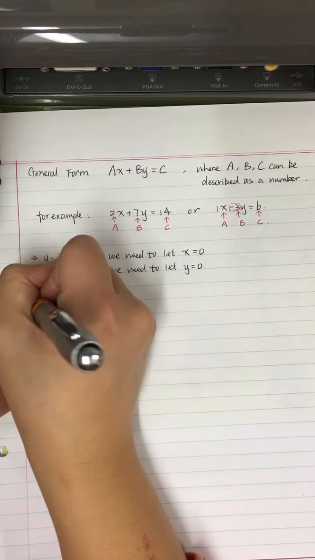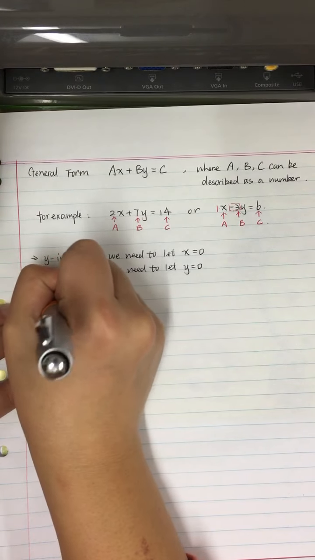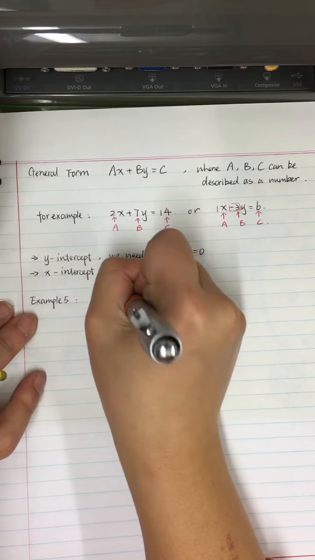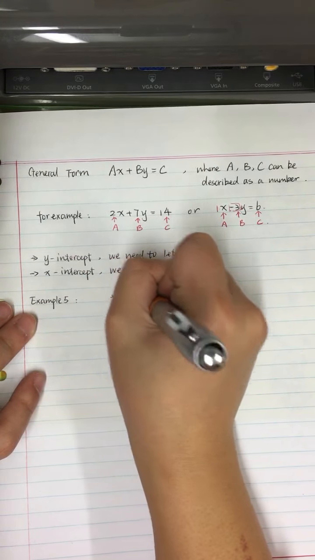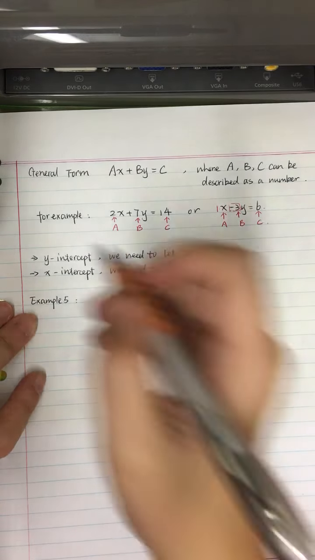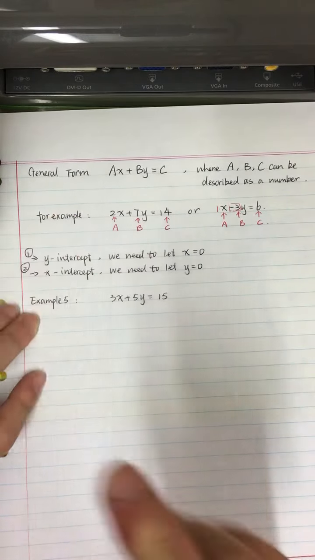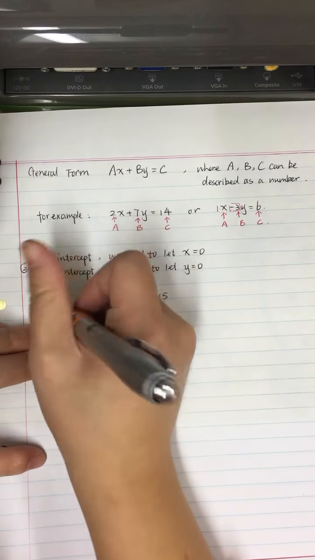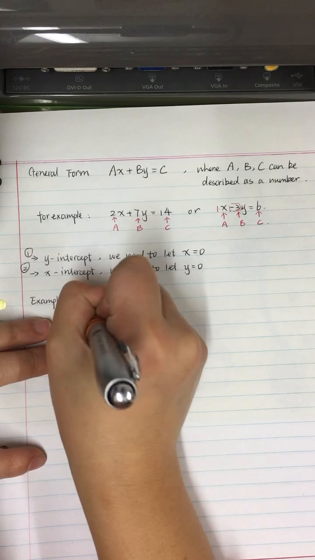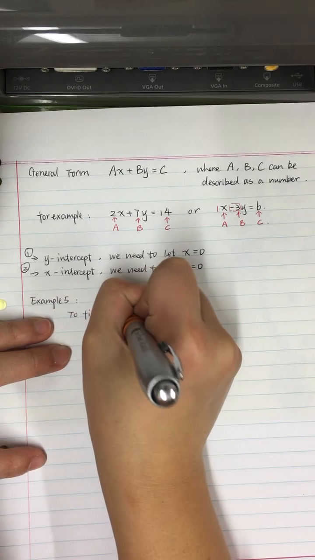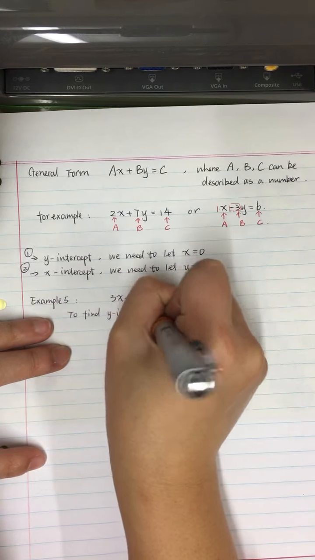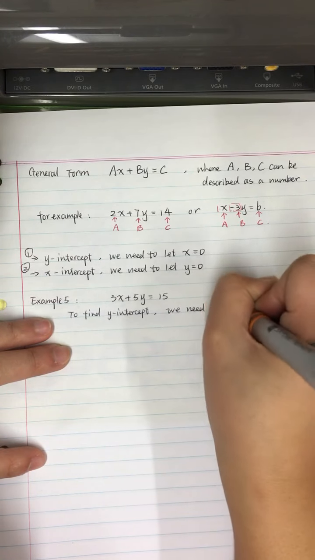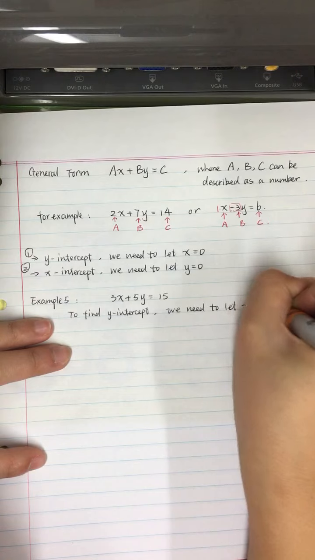So let's do an example to explain what that means. Example 5. We're going to draw the graph of 3x plus 5y equals 15. First step, we're going to find the y-intercept. We need to let x equal 0.